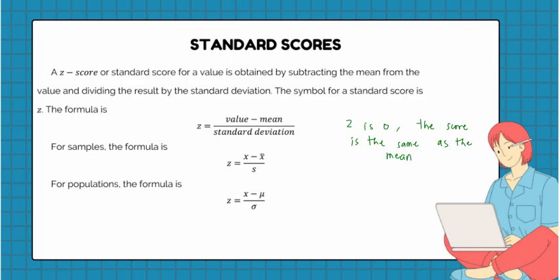If you get a positive standard score, that means the score is above the mean. And if you get a z that is negative, that means the score is below the mean.